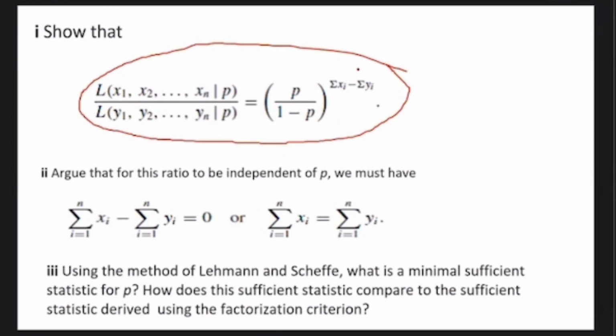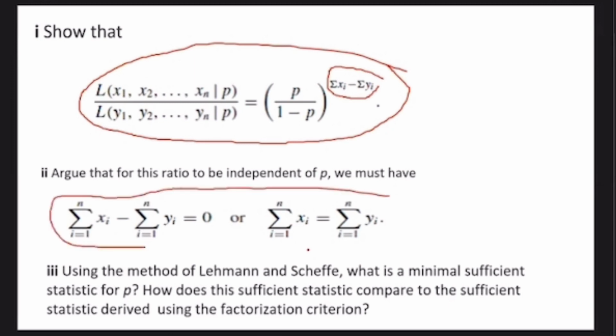I'm talking about this one here. If that exponent equals 0, it will mean the summation of x equals the summation of y. Now, this is what we're actually going to do, and I'm going to walk you through that now.